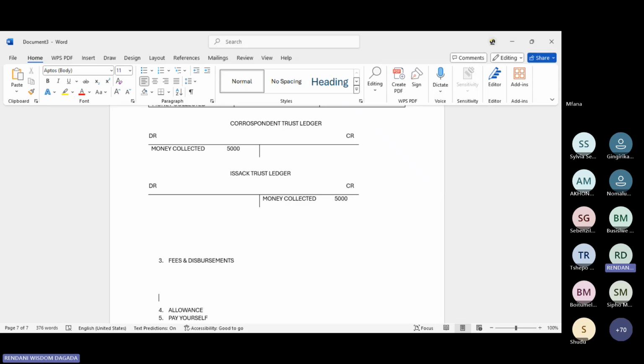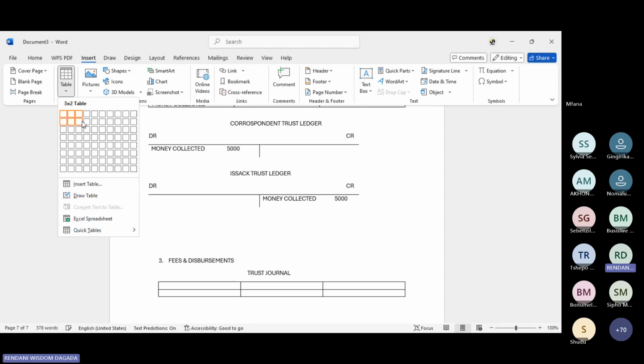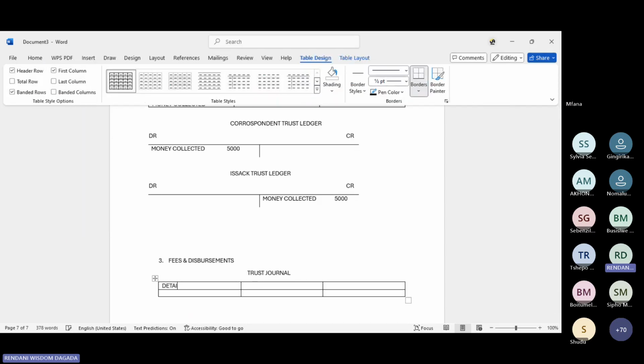Okay, step number 3. Step number 3 is going to be what we call your fees and disbursements. You're also going to use the trust journal here. Now, in order for you to get the amount for your fees and disbursements, you have to calculate here. There's no way that you can just get it straightforward. When you calculate, you're going to say total minus EFT.